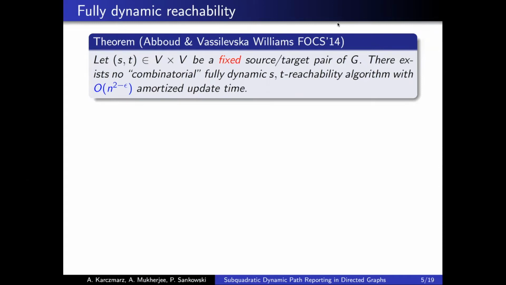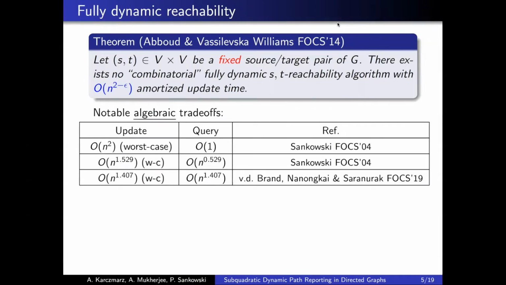So let us see what is known for reachability using algebraic data structures. Again, there are several possible trade-offs. For example, we can have order n squared update time and constant query time, or order n to the 1.529 update time and order n to the 0.529 query time, or order n to the 1.407 update and query time.